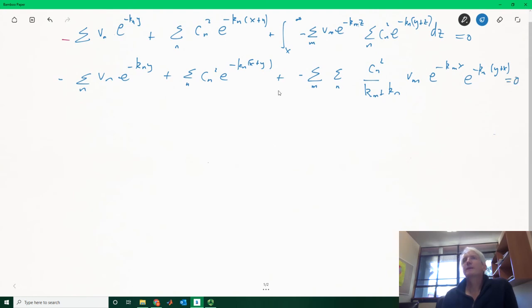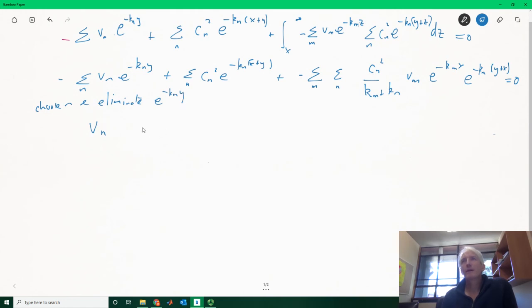And this is a linear equation for b_n essentially. Every other term's known. We can eliminate the e to the minus k_n y's, since they appear everywhere, and instead of looking at the sum over n, we can just take each individual k. So choose n and eliminate e to the minus k_n y.